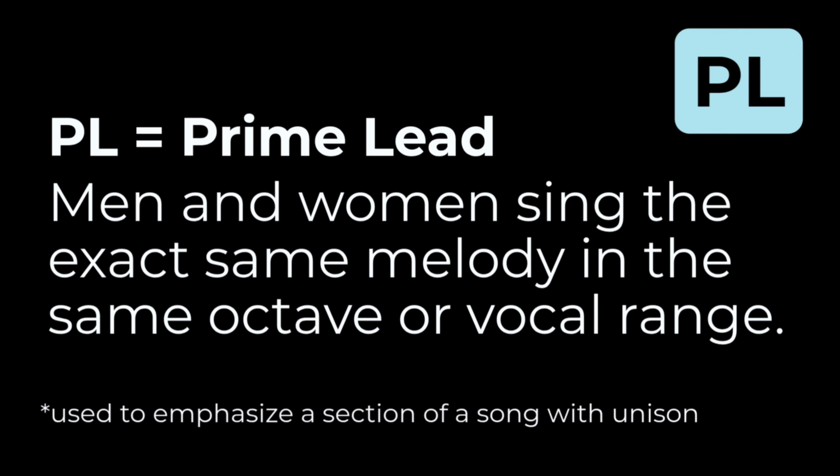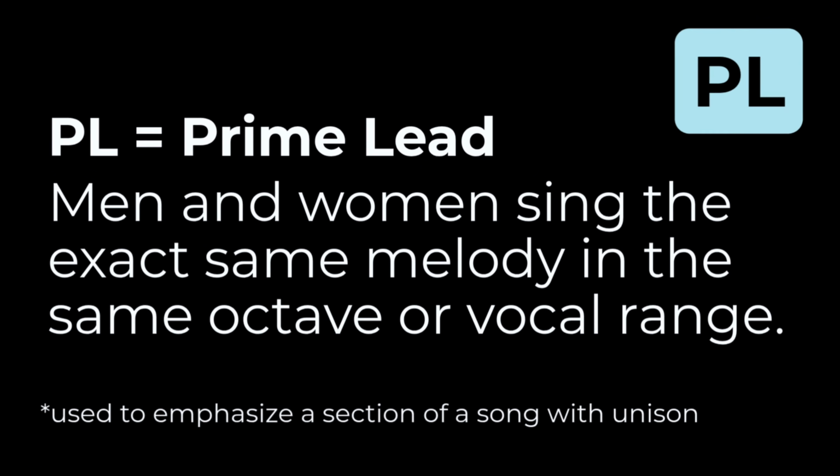Prime lead is used to emphasize a section. So for example, in the song I Speak Jesus, in the key of C, as you're singing the chorus, break every stronghold, shine through the shadows, you're doing that in parts, but on that very last line, burn like a fire, everyone comes together and sings prime lead.